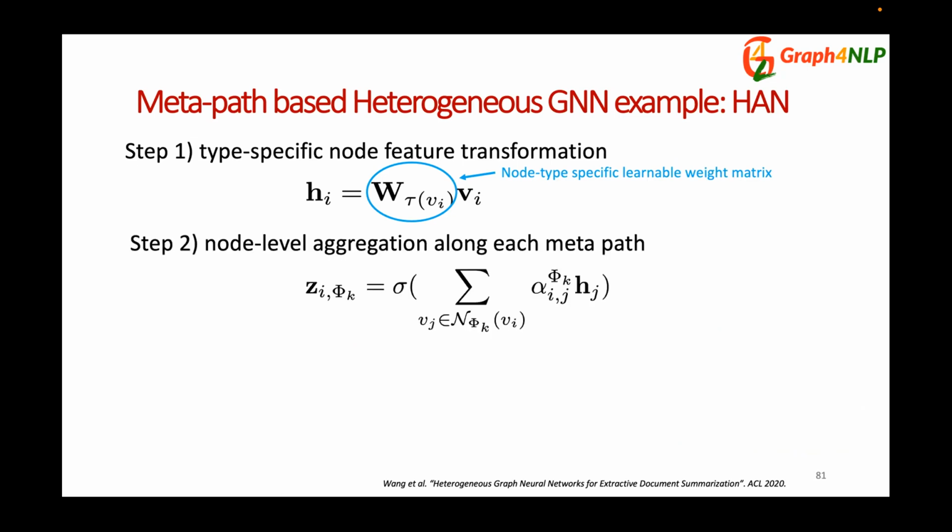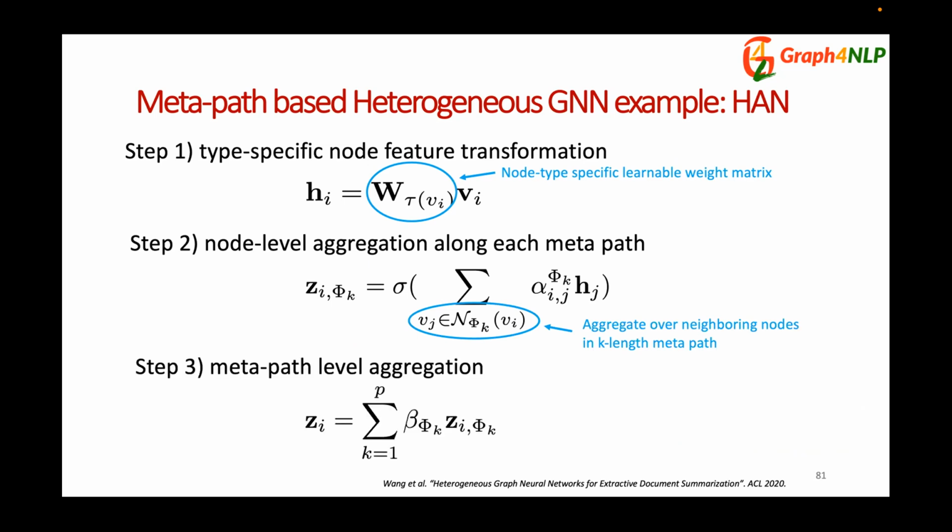In the second step, we will do node level aggregation along each meta path. Here we aggregate over neighboring nodes in a given meta path. And in the third step, we will do meta path level aggregation. Here we apply attention weights over all the meta paths. So that's for the heterogeneous GNN, and that concludes the graph representation learning for GNNs.